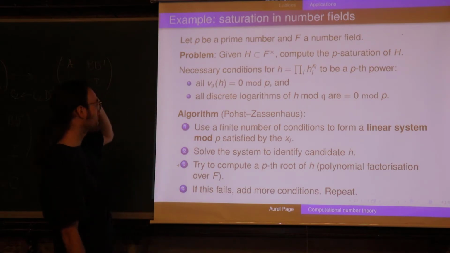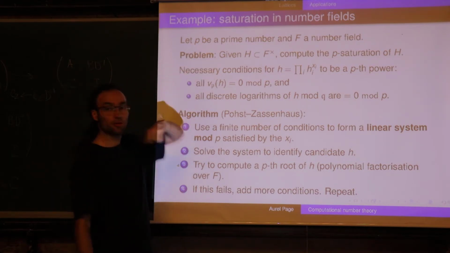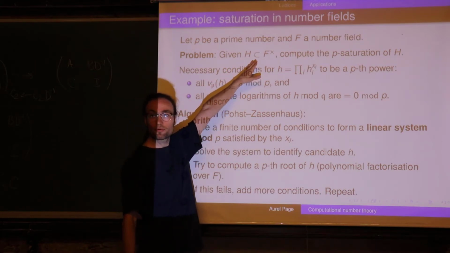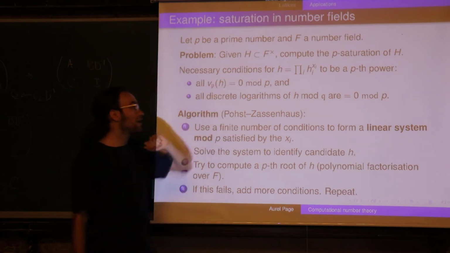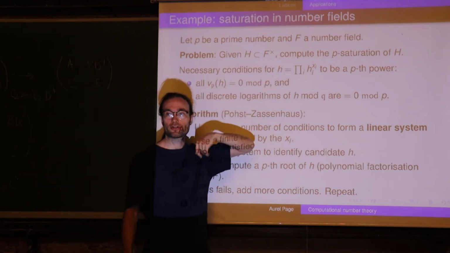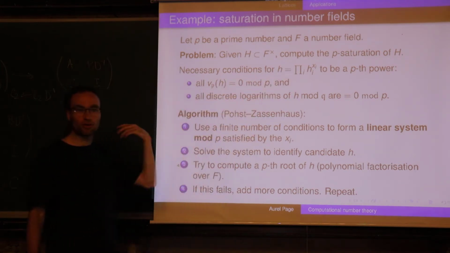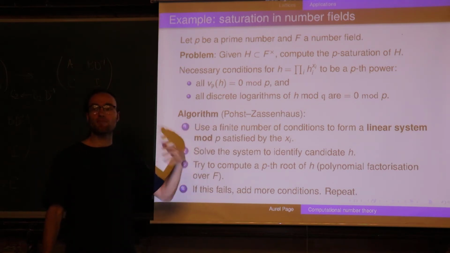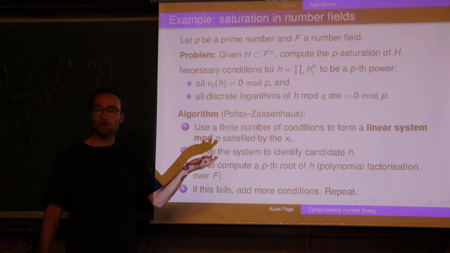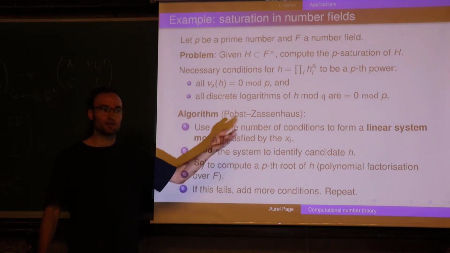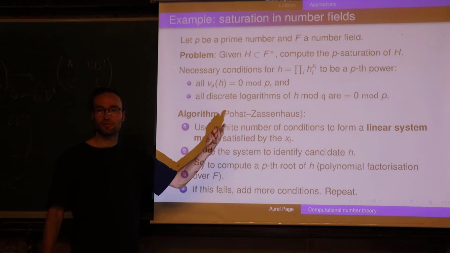So the problem is: you are given a prime number p and a finitely generated subgroup H of the non-zero elements of F, and you want to compute the p-saturation of H. So recall what this means: as long as you can take p-th powers of some elements of H, you take these p-th powers and you add them to the group until you can't anymore.